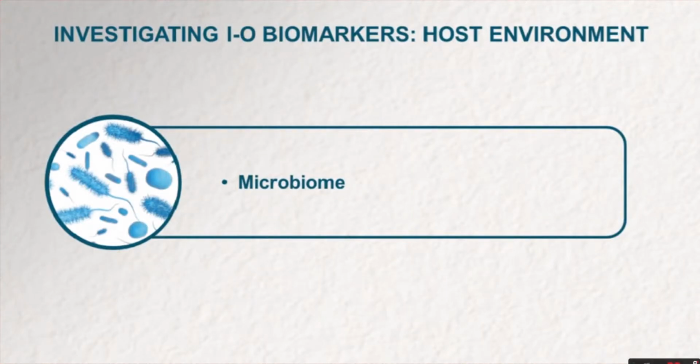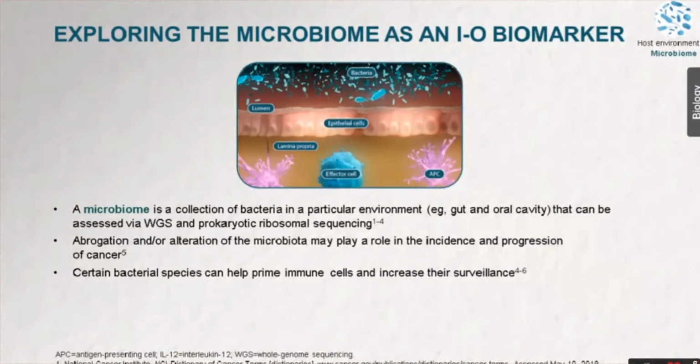More work is now being turned to explore the host environment, and the microbiome is one area under investigation. The microbiome is basically the living microorganisms that are present within our bodies. A human, it's thought, has as many as 10 microorganisms for every human cell in a person.